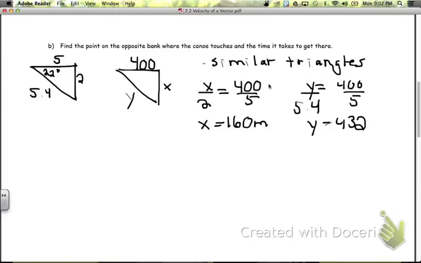We also want to know the time. So our time is equal to our distance over our velocity. Our distance is 432. And what is our velocity?